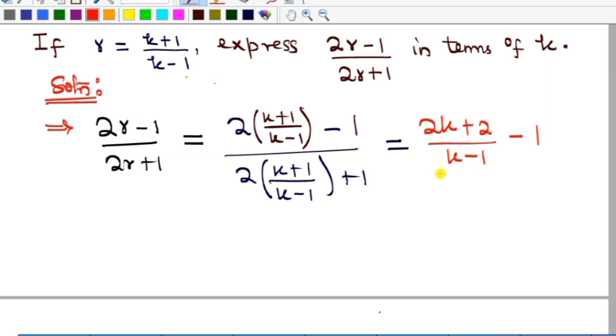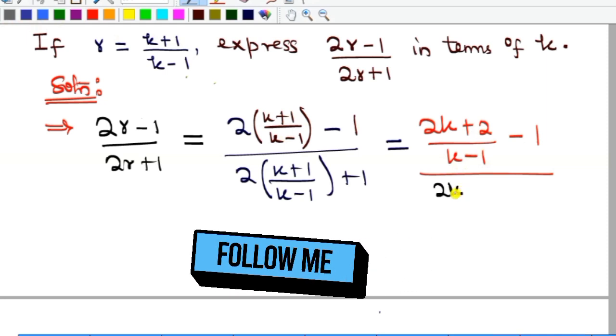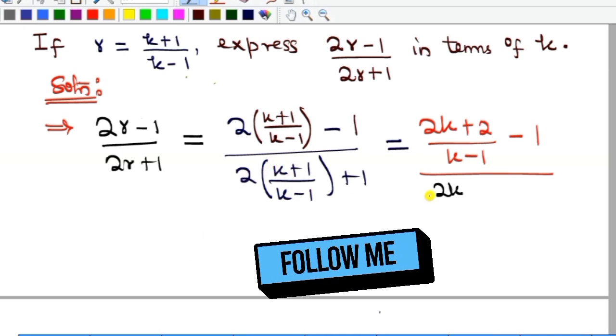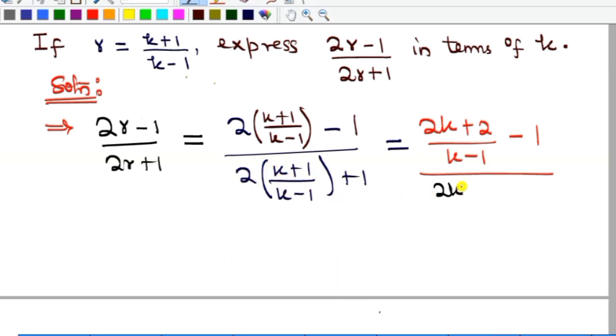The denominator will now be 2 multiplying the numerator here, so 2 will multiply k to give us 2k, 2 will multiply 1 to give us 2 also, and this is also over k minus 1, and this will now be plus 1. And why did I do this? Because you know that when you have a multiplying b over c, a will only multiply the numerator to give you ab all over c.